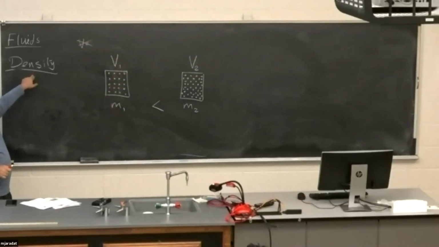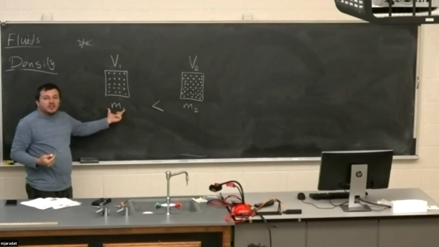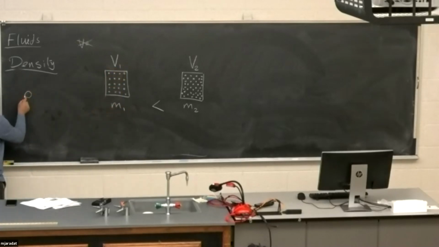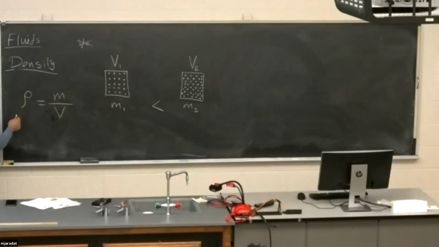Now the density is defined through the volume and the mass. The density is the mass over the volume. This is rho.